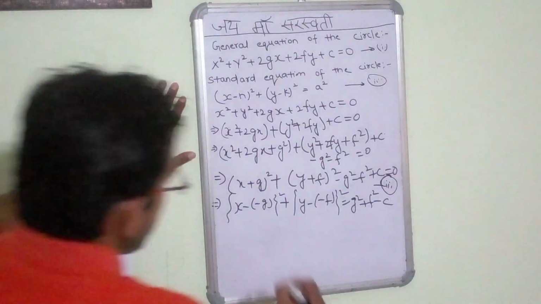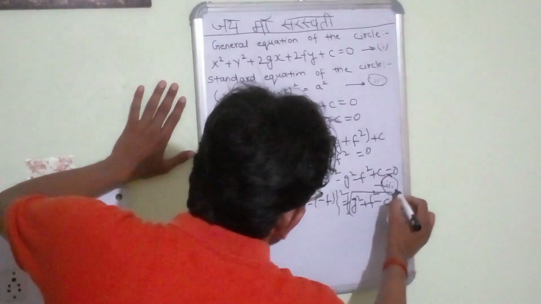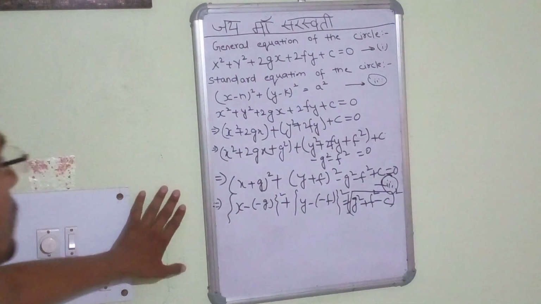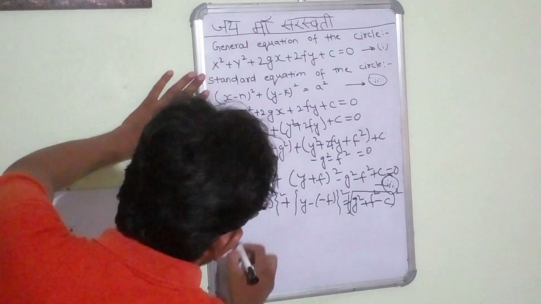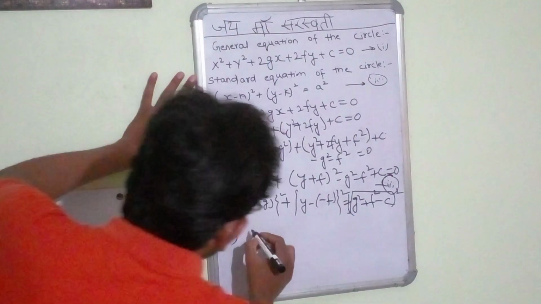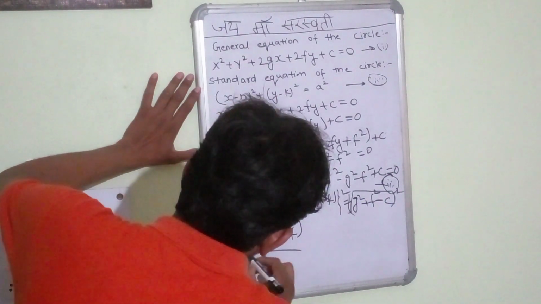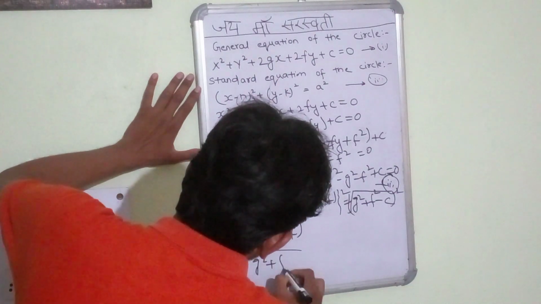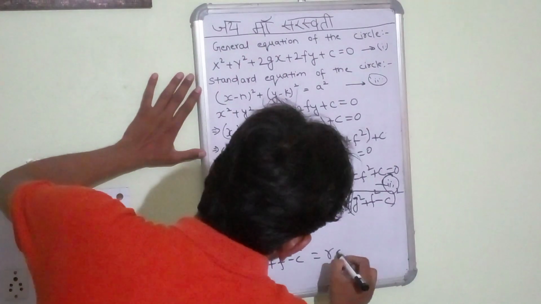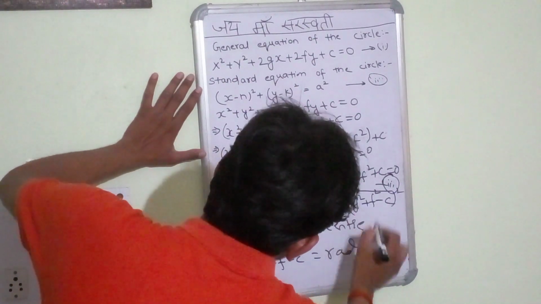Understood? So for that we will be taking the square root. So we have got the equation in which the center is minus g and minus f, and the radius is under root g square plus f square minus c.